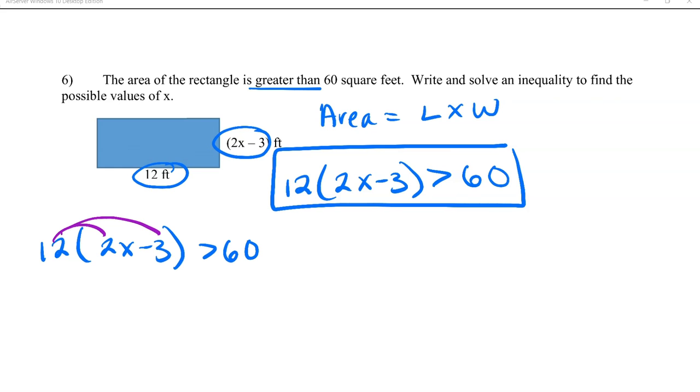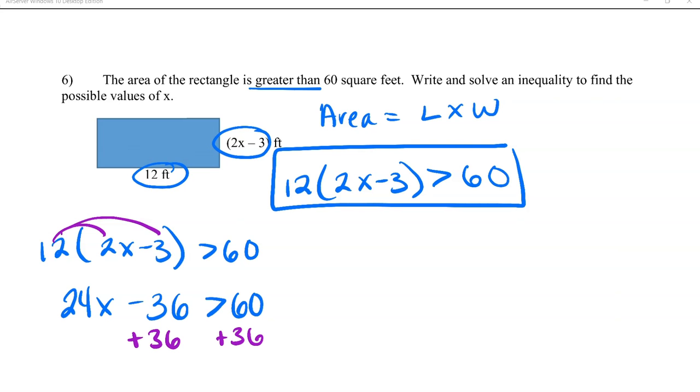So first we would distribute 12 times 2x minus 3. Next, we would undo the subtraction by adding 36 to both sides. So 24 times x is greater than 96.